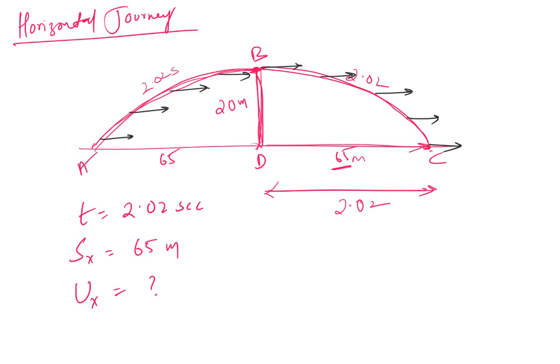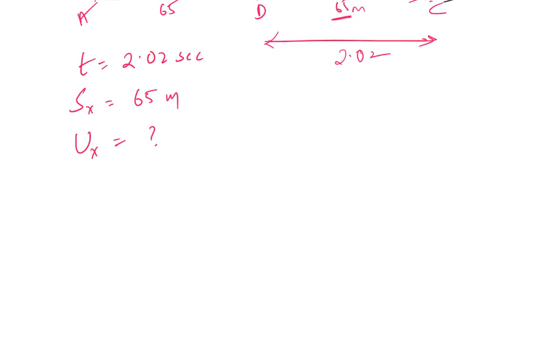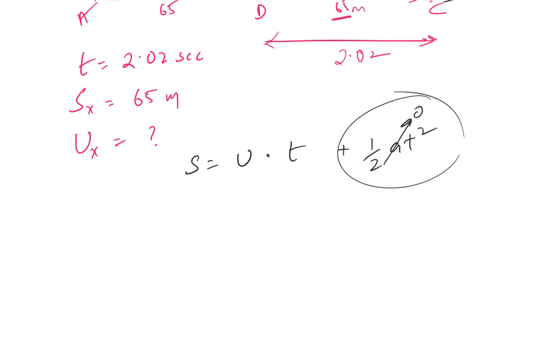So if the velocity is the same, then the acceleration is 0. So in that case, you can use the formula distance is equal to speed into time. You could also use the formula s equals ut plus half at square, but then of course acceleration is 0, so we don't even need this term.